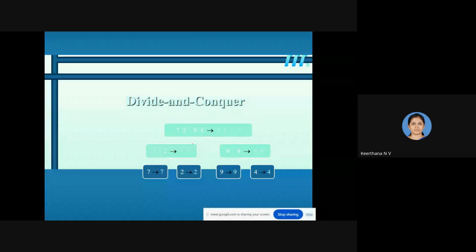So the second thing we are going to discuss is the divide and conquer technique. As the name suggests, you will be dividing your main problem module by module, applying your solution to each and every module, and combining the results. This is the divide and conquer technique.